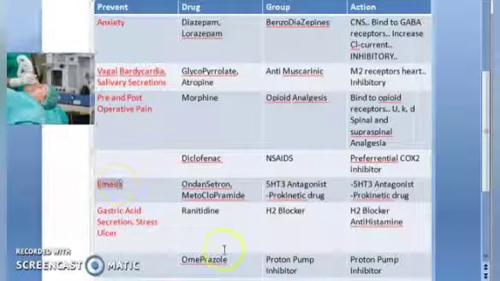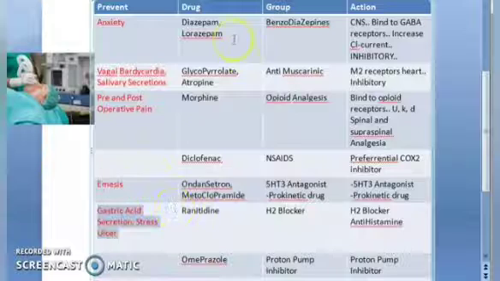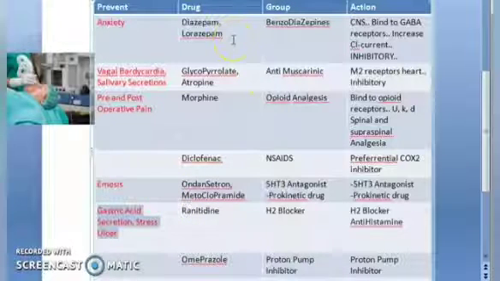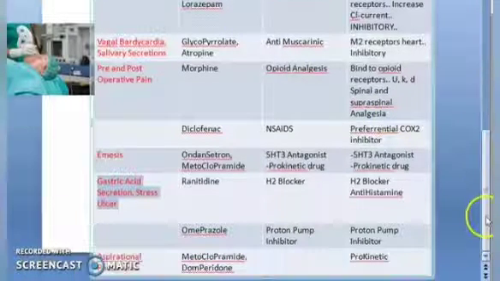The patient may have emesis. We don't want the patient to have emesis, that is vomiting. You don't want excess gastric acid secretion, or any stress ulcer.